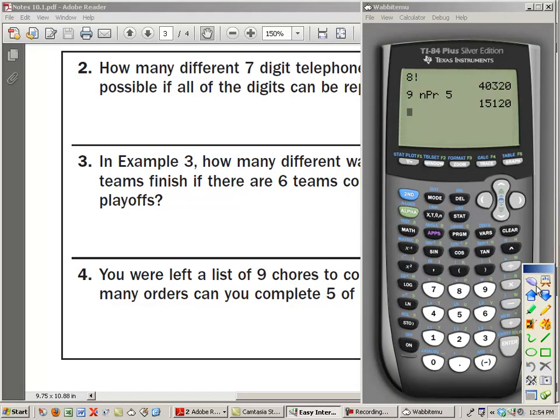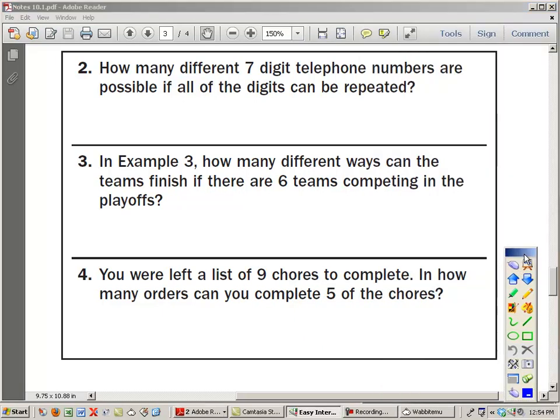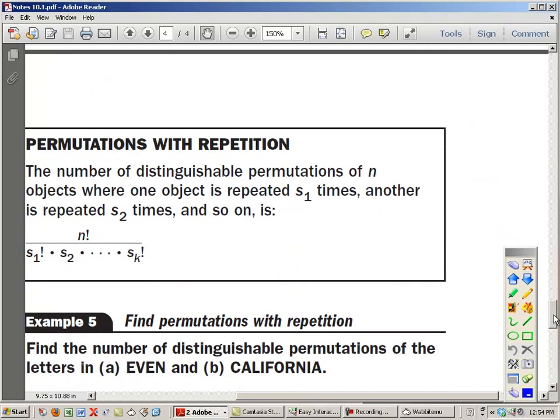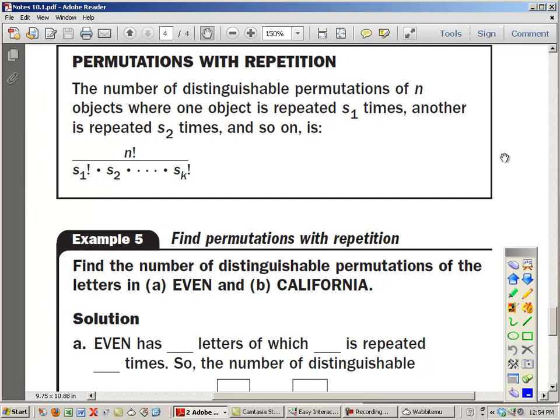All right, let's take a look at permutations with repetition. This is a little tricky, but I think it should make a lot of sense once you take a look at these. They're missing a factorial in here, so if you'll jot that in there. It says the number of distinguishable permutations of n objects where one object is repeated s1 times, another is repeated s2 times, and so on is as follows: n factorial over s1 factorial, s2 factorial, etc. These are the things that are repeated.